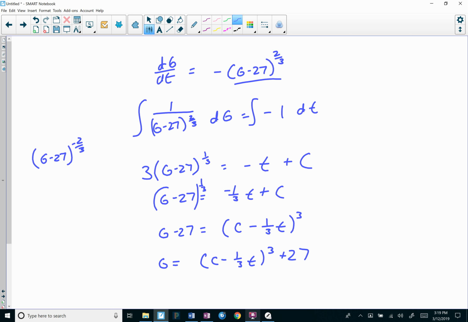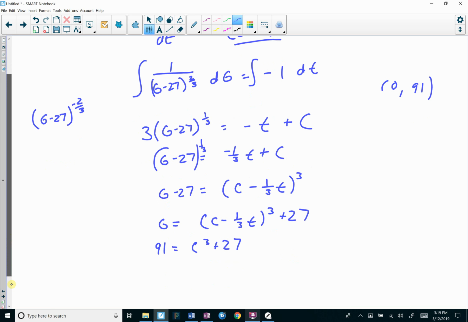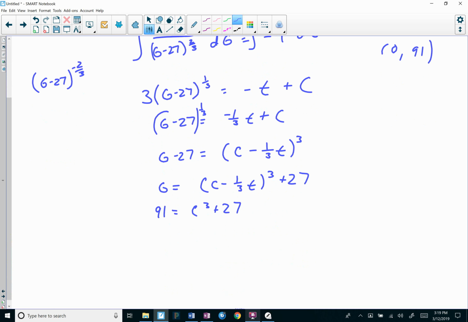They tell me g of 0 is 91. So plug in 91, and t is 0, I get c cubed plus 27. Subtract 27, I get 64 equals c cubed, so c equals 4. Plug it back in. So I have 4 minus 1/3 t, quantity cubed, plus 27.